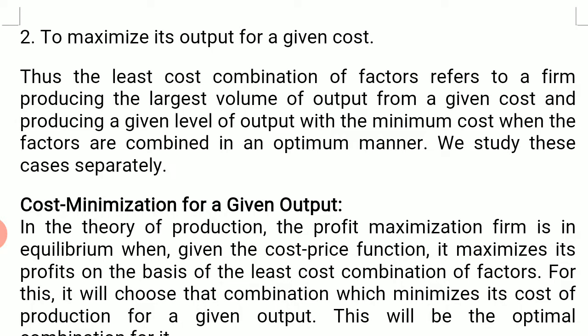Thus, the least cost combination of factors refers to a firm producing the largest volume of output from a given cost, and producing a given level of output with the minimum cost when the factors are combined in an optimum manner. We study this case separately.